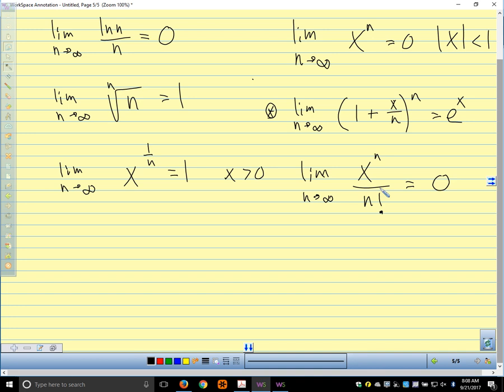But how do you show that? Ratio test. We don't know the ratio. This is for a sequence. Ratio test is for a series. You can't take the derivative of n factorial.